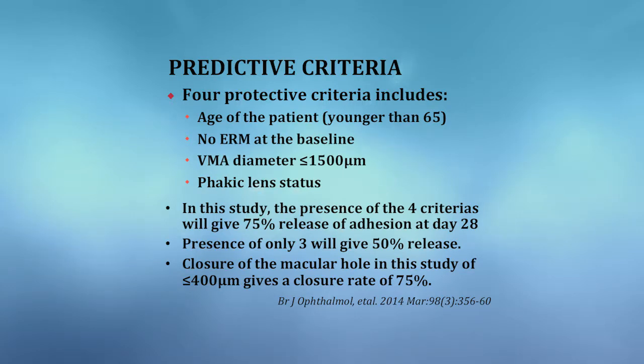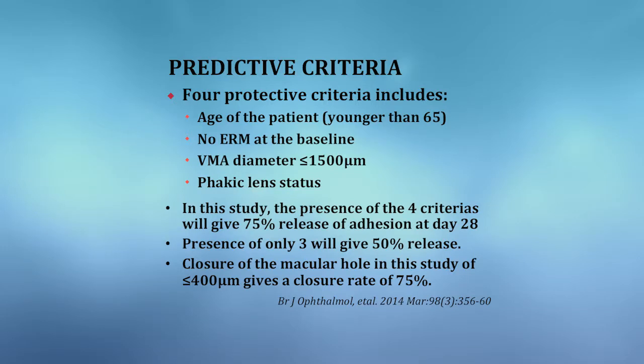If these 4 criteria are present in a case with vitreomacular traction, in this study, the relief of the traction or the successful separation of the vitreous will be in the range of 75%. Release of the adhesion at day 28.